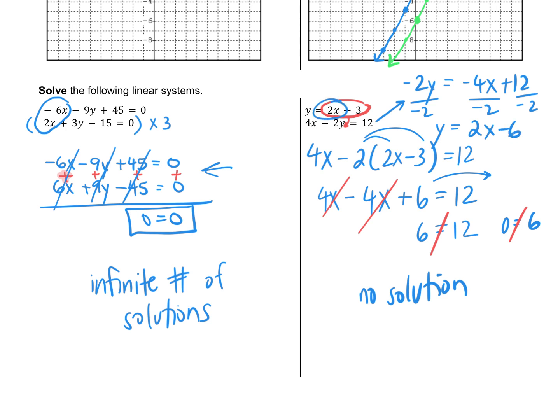And if we compare, both lines have the same slope of 2, but the y-intercepts are different, meaning they are parallel but distinct lines that will never ever touch. So here we are. Algebraically, if you see this, a true statement where the variables have disappeared, infinite number of solutions. If the variables disappear but you have a false statement, there's no solution.